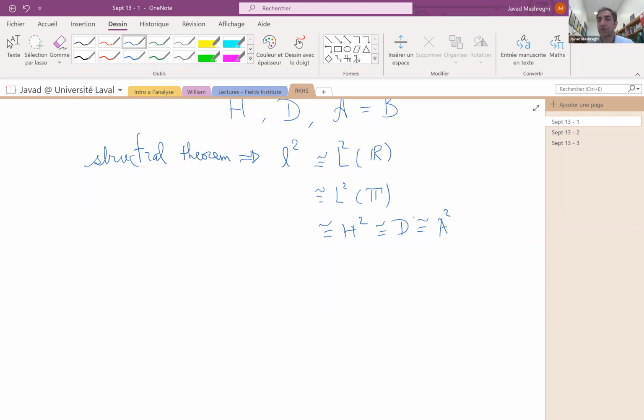For example, in H2 and A2, complex analysis comes into the picture. In L2 of T and L2 of R, harmonic analysis comes into the picture, and the interplay between them. There are many other things which are involved. One of them is RKHS, the subject of our course.